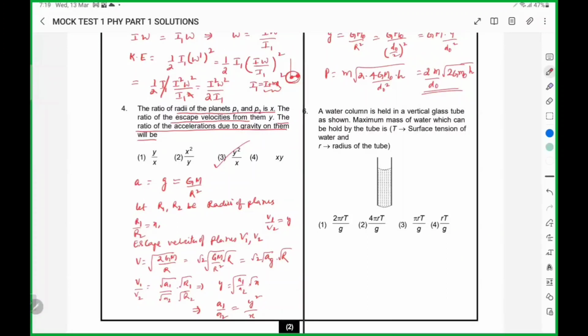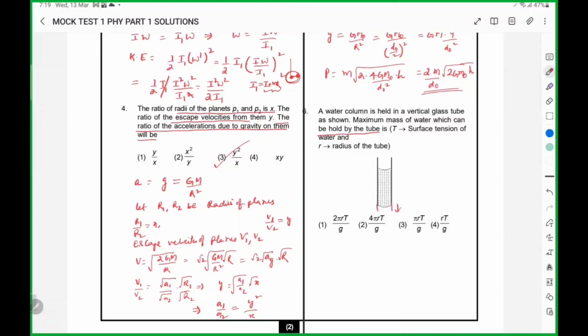So this one: the water column is held in a vertical glass tube as shown. Maximum mass of water which can be held by the tube. So here, obviously when water is in the capillary tube, it has to fall down.